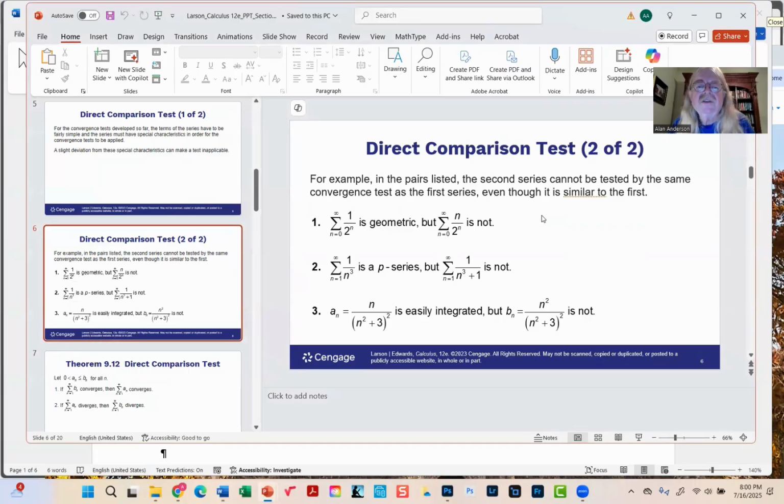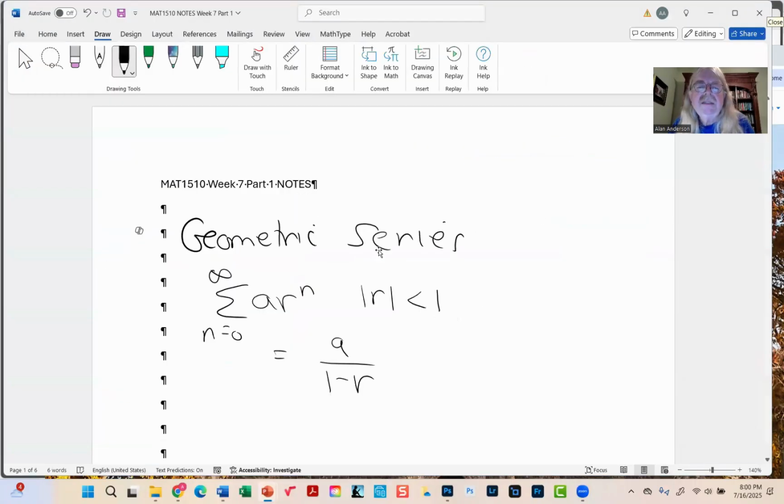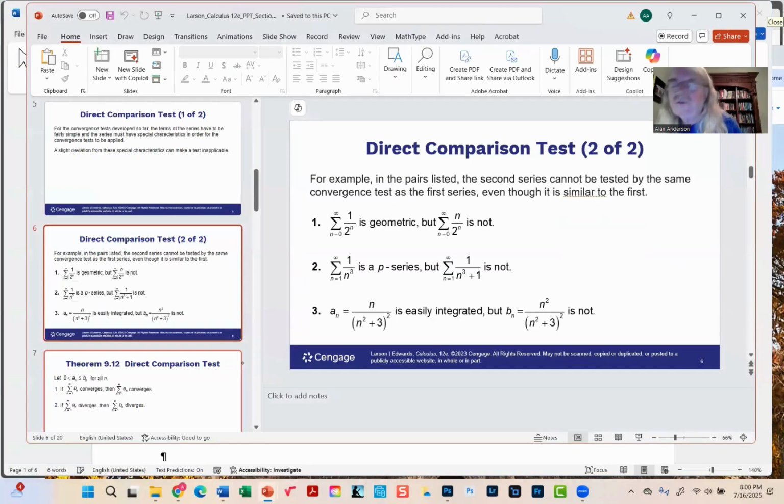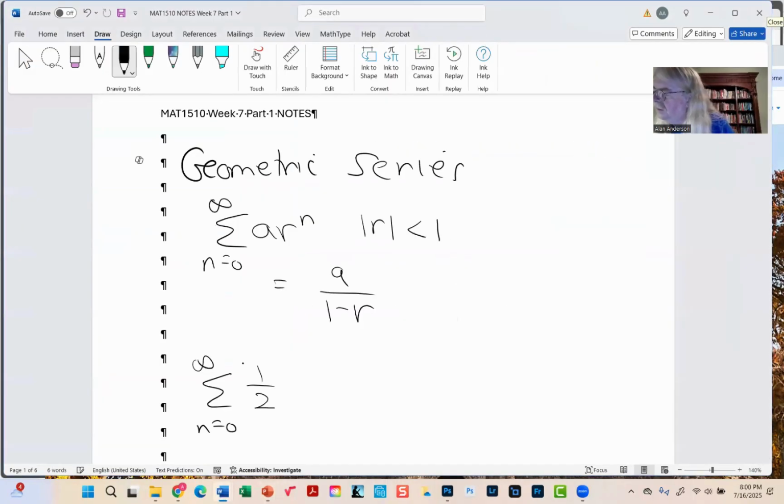And so they want you to notice that this one that they're showing us in this first example, 1 over 2 to the n, is the same thing as (1/2)^n, which means that, of course, a is 1 and r is 1/2.